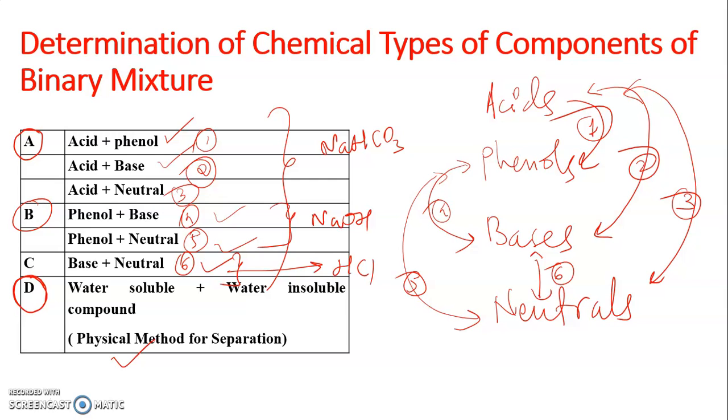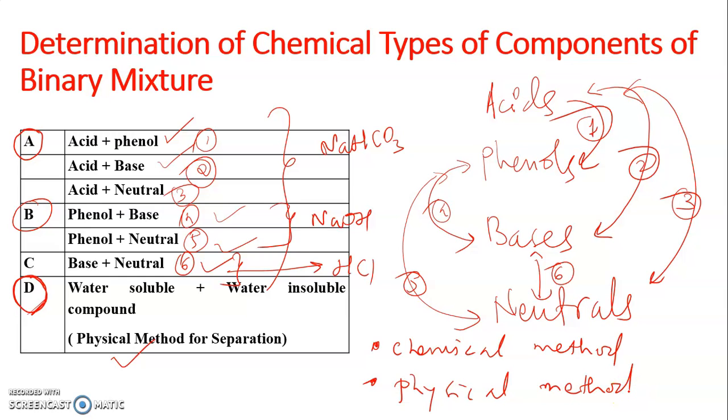So on the basis of solubility difference, we are going to do that separation, and that we call a physical method of separation. So here you may remember what is the chemical method of separation and what is the physical method of separation. If there is a use of reagent, then that will be chemical, and if there is no use of reagent, that will be physical.